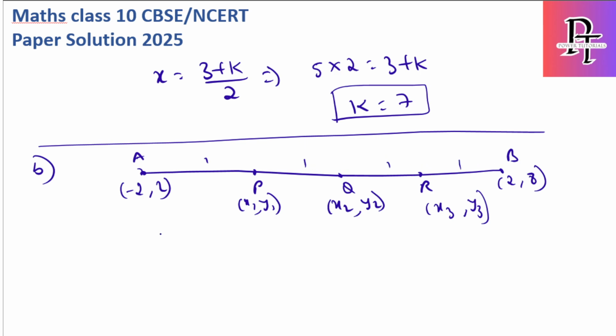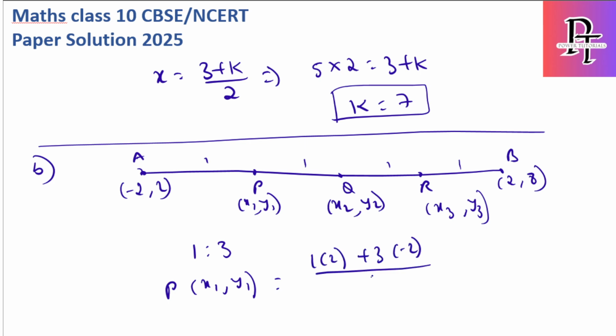But for P, the ratio of the division will be 1 to how many? 3, because 3 ones are present on that side, and here it is only 1. So it is 1:3. So for point P, x1, y1, I can say it is (1 into 2 plus 3 into minus 2) by (3 plus 1), which is 4, and (1 into 8 plus 3 into 2) by 4.